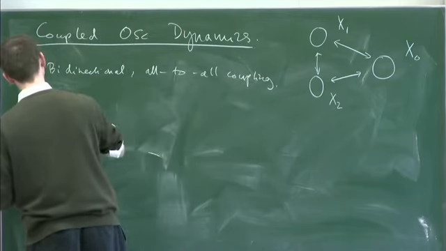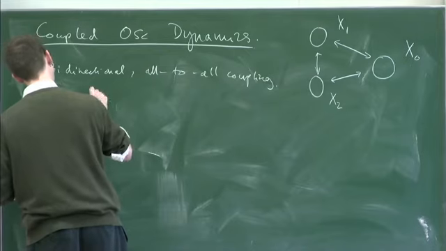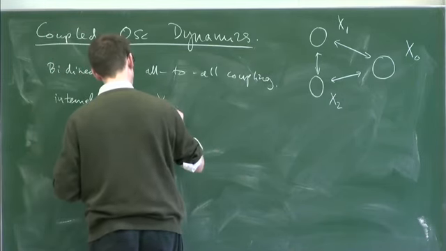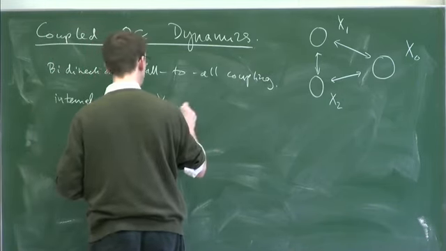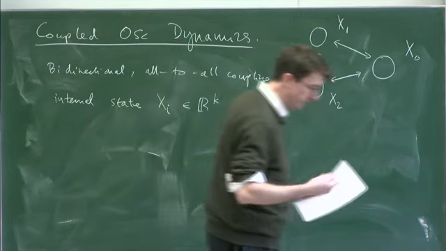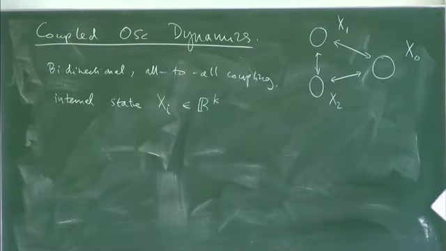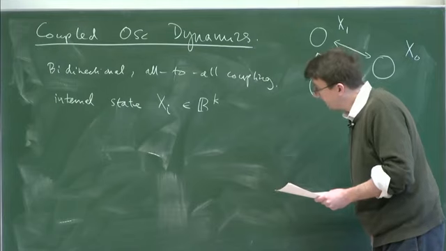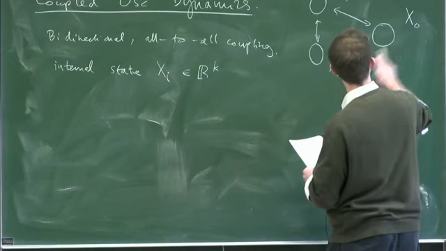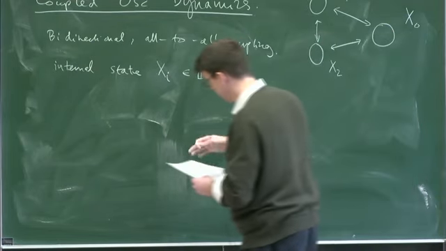There's some kind of internal state given by some quantity xi for each of these blobs, and so that might be a list of chemical concentrations at a time t, and so it's a vector in some R^k, for each of these solutions.